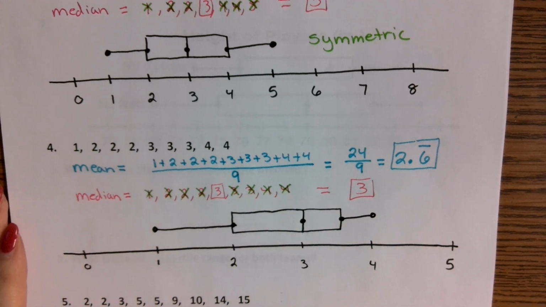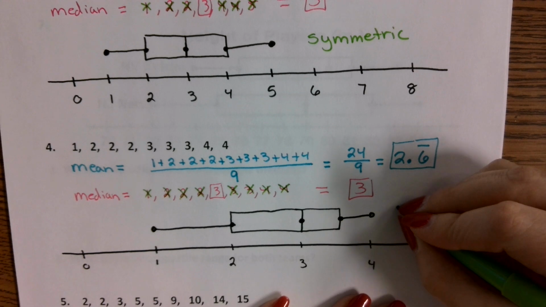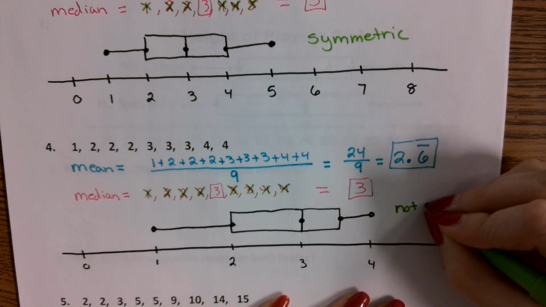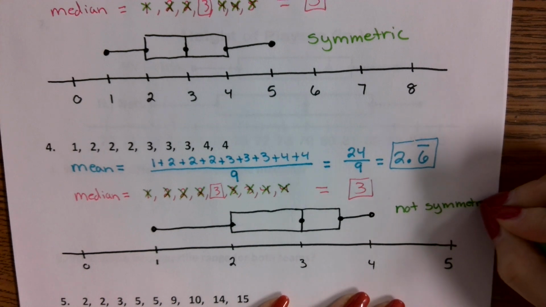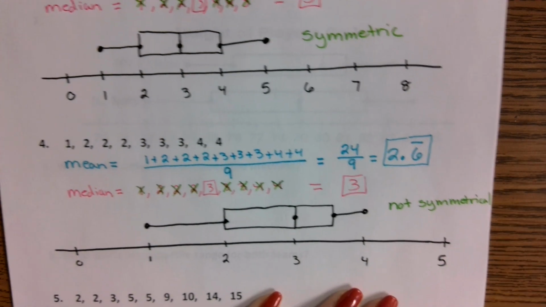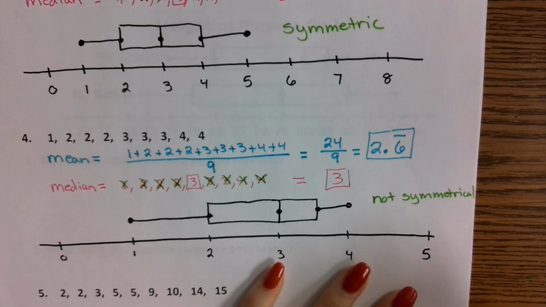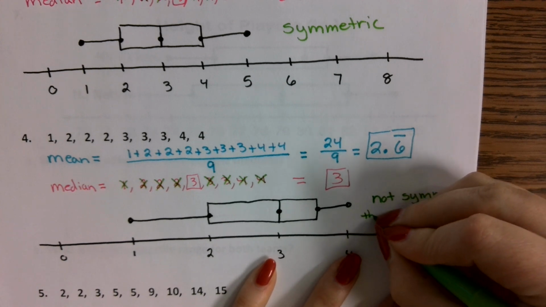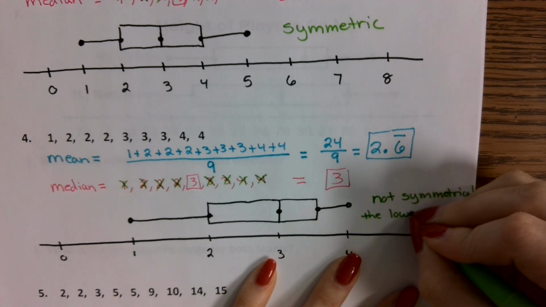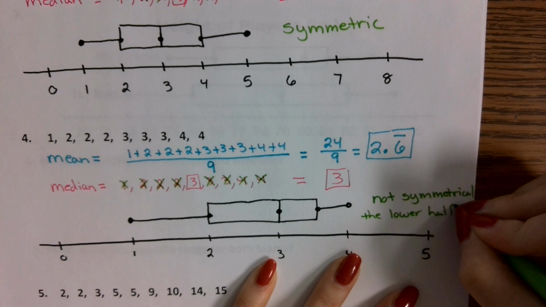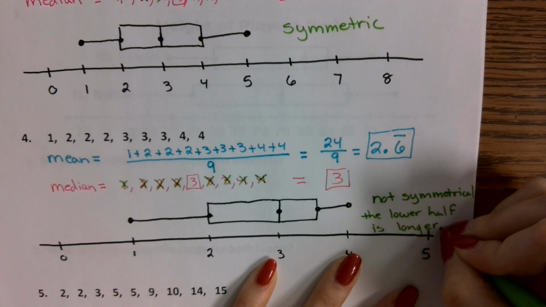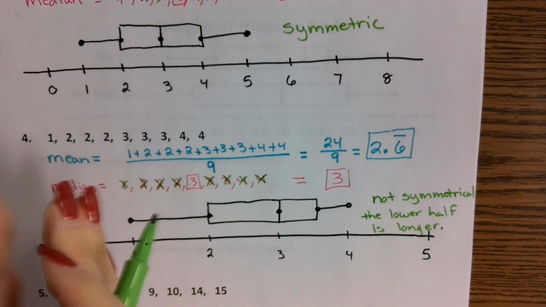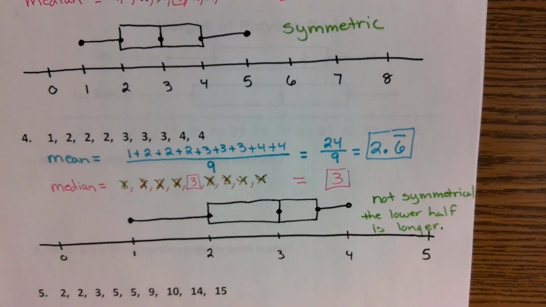So let's go ahead and write that down. This is not symmetrical. We also call that asymmetric. The lower half is longer. It's skewed more to the left side.